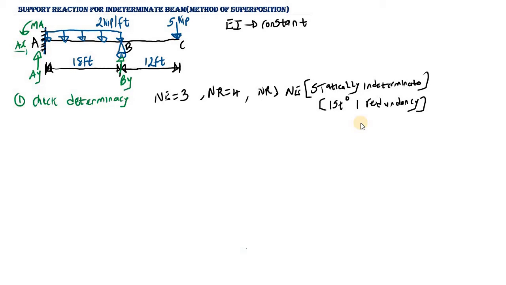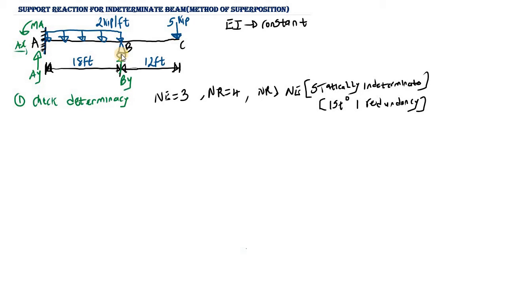You can choose where to remove the support reaction, but in this case I'm going to remove the support reaction at the roller support, point B, because it will be easier to solve for the other reactions. So point B, the roller support, is going to be the redundant.